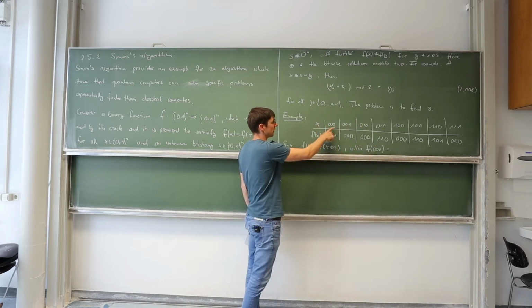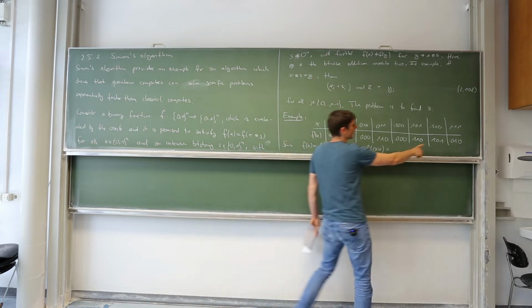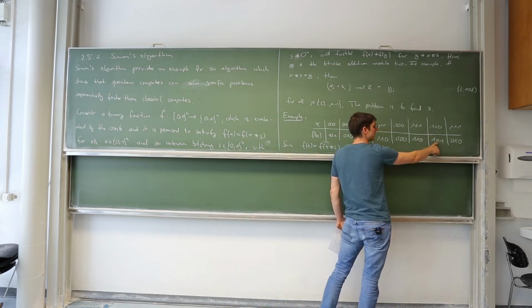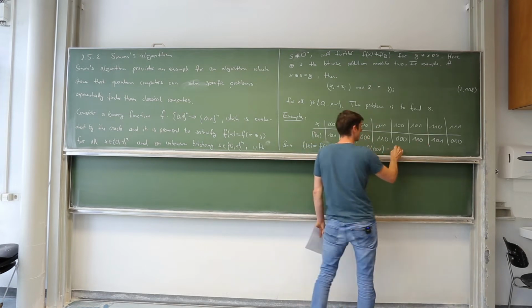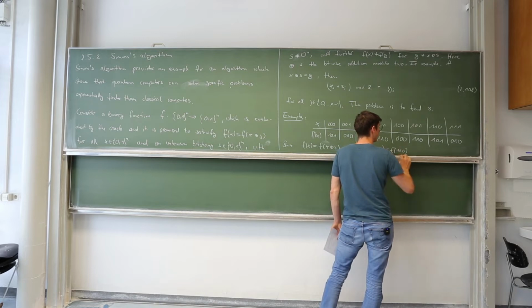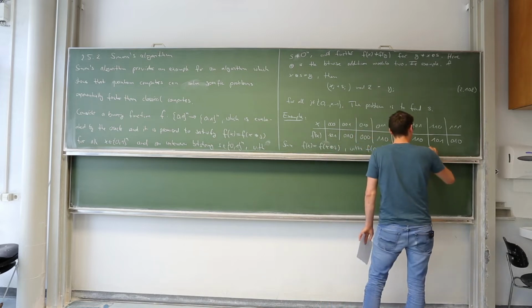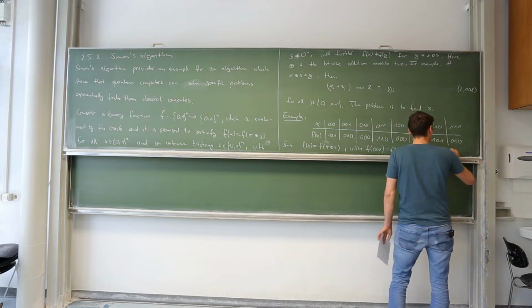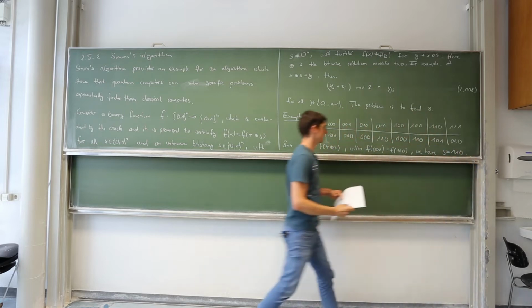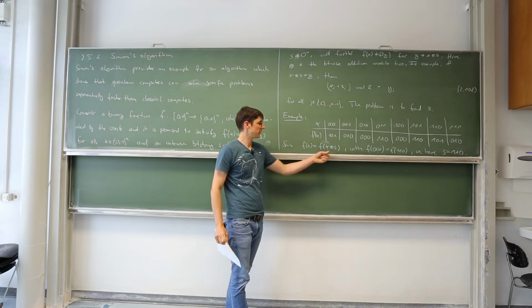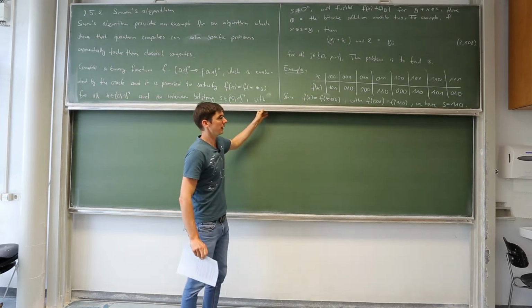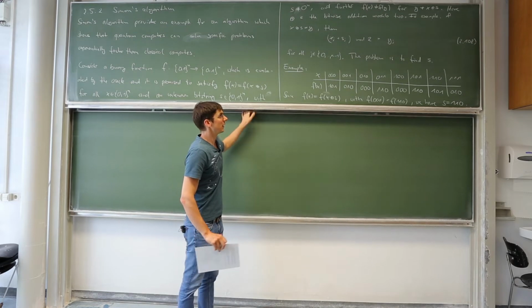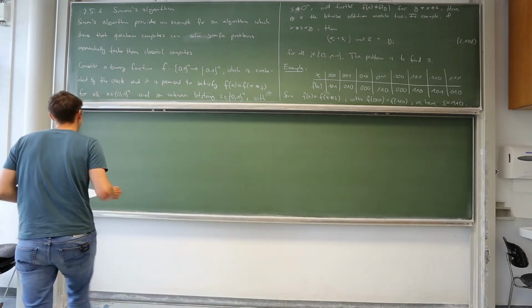If we have the input 000, then we get 101. And we have the same output 101 if we input 110. So we have f of 000 is equal to f of 110. And from this, we know that s is equal to 110. Okay, so with this we found the bit string s. Now, this was just an example, and we're going to do this now first with classical inputs.